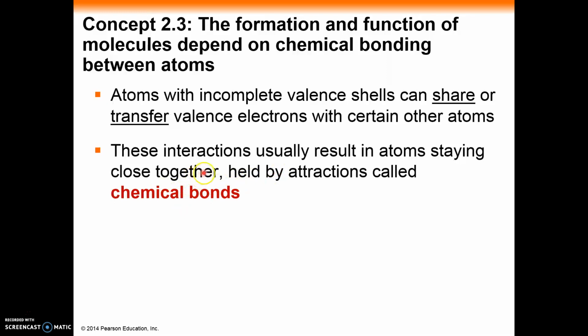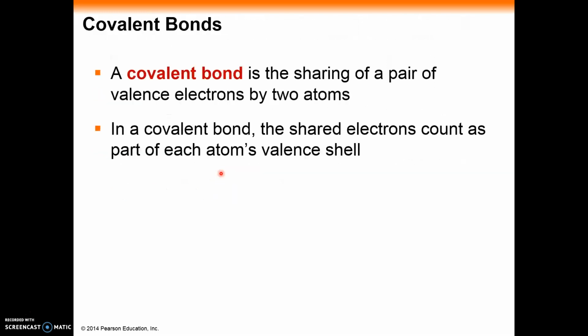Okay? Now, there are two types of chemical bonds. One is a covalent bond, and the other is an ionic bond. Okay? And these are what we call the two strong bonds. So let's dive in first into what covalent bonds are. Okay? So a covalent bond is the sharing of a pair of valence electrons by two atoms.